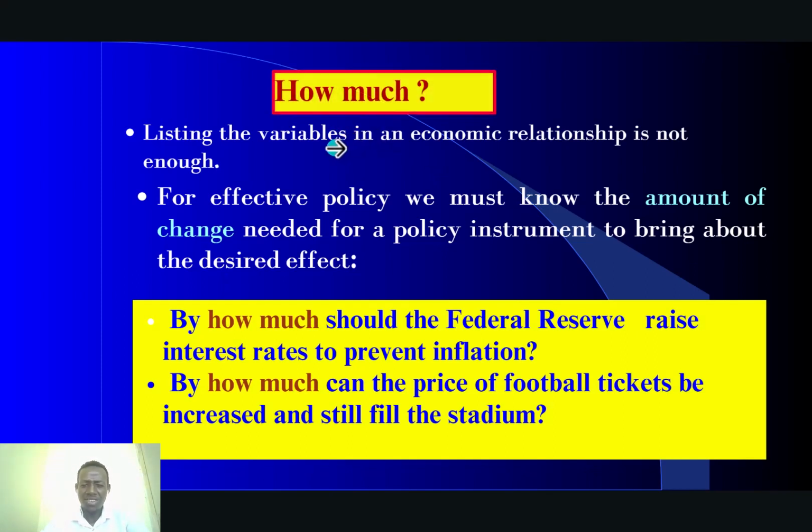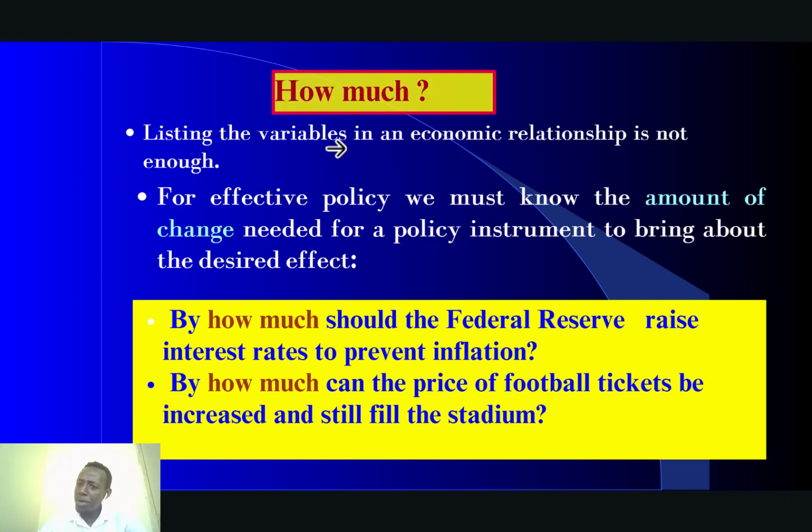So we list them, but we don't know by how much we can change the other variable so that we can control the other one. If we don't know the degree or the level by which we can change one variable and control the other, it will be difficult, and we may be subject to invalid or biased decisions.